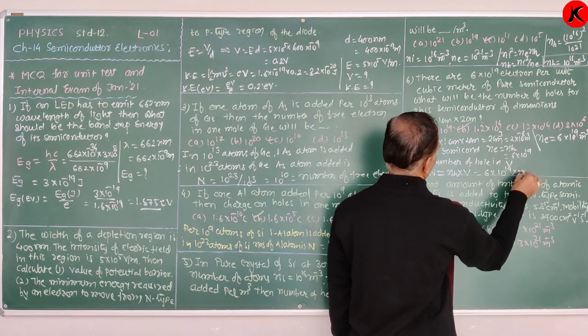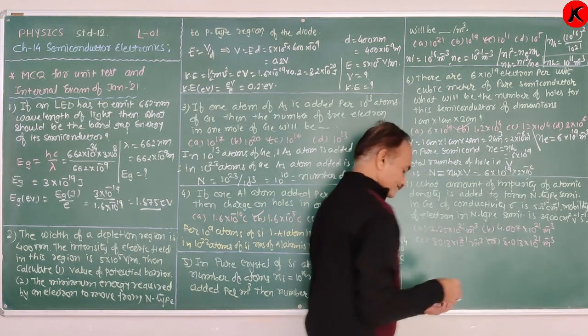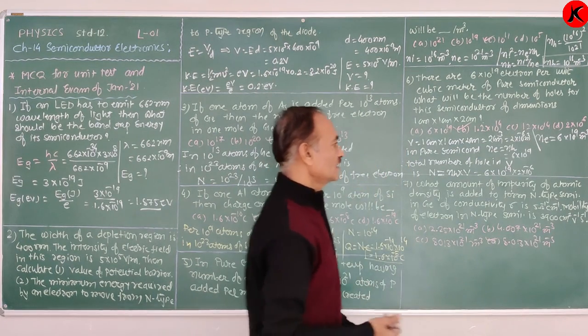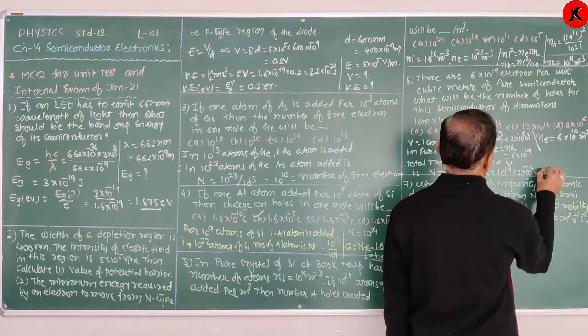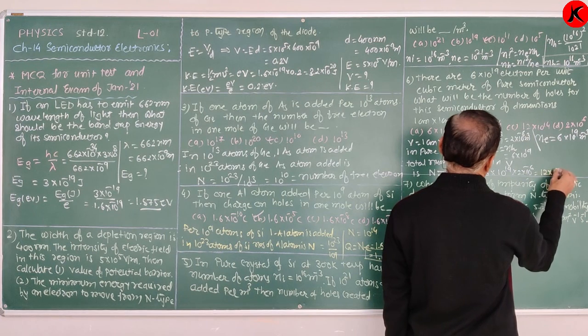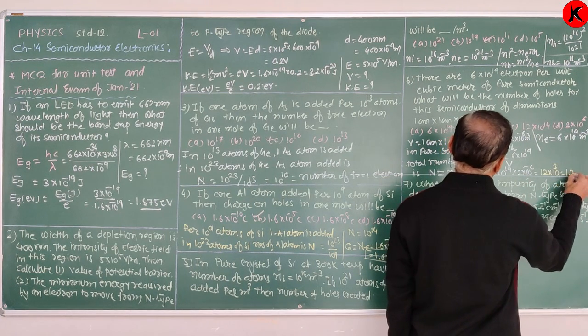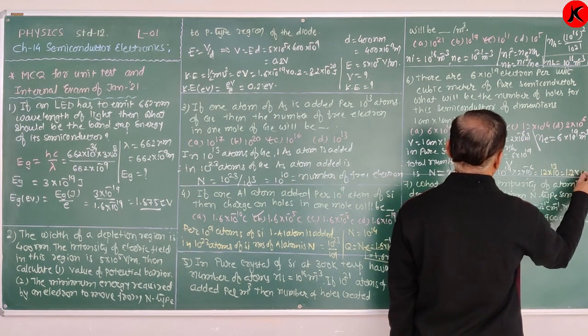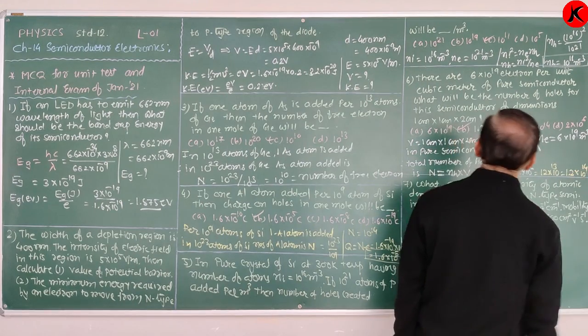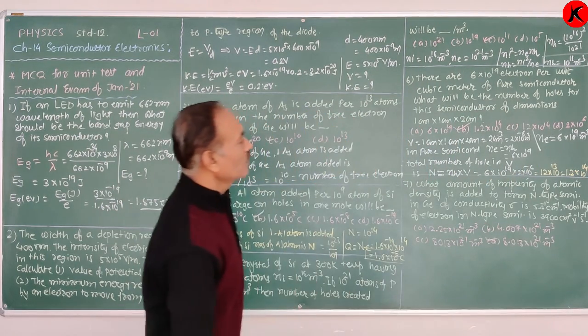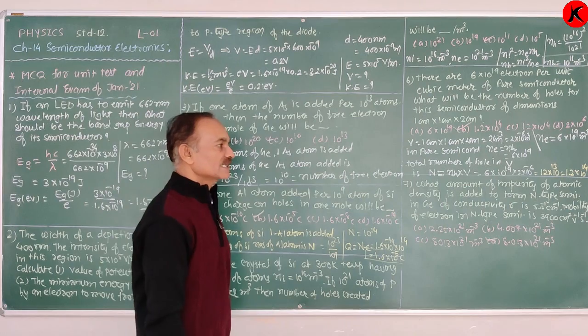Volume is 2 into 10 is to minus 6. So it is equal to 12 into 10 is to 13. That means 1.2 into 10 is to 14. That is the number of holes.